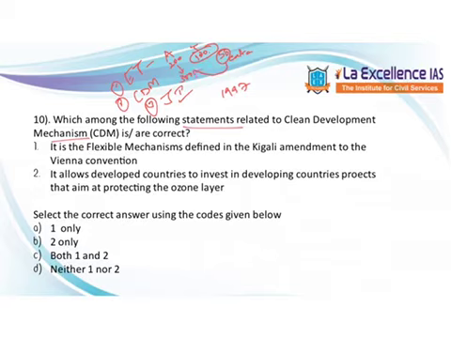Then what is the Clean Development Mechanism? In CDM, for example, Australia has an emission quota of 200. It is emitting 210 of carbon credits or greenhouse gases. In such a case, Australia will invest in an Indian solar power project. Because Australia invested in the Indian solar power project, the greenhouse gas reduction would happen in India.